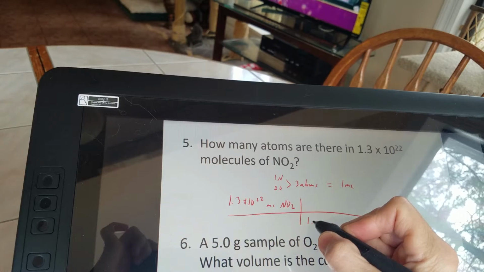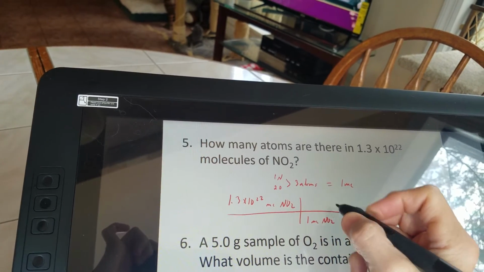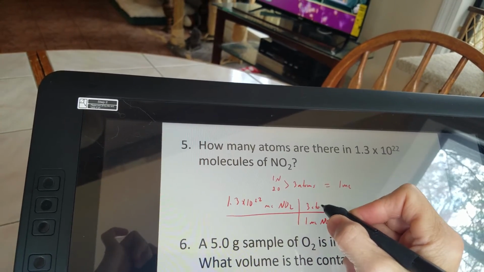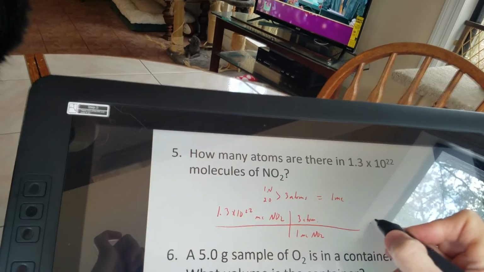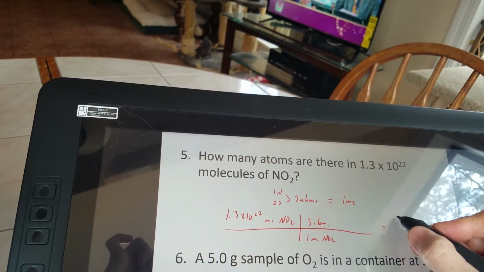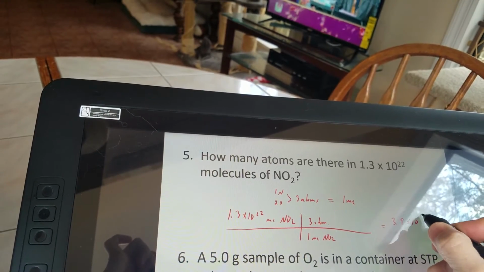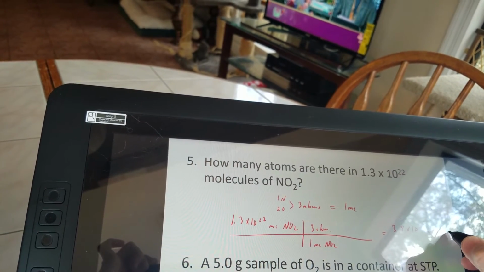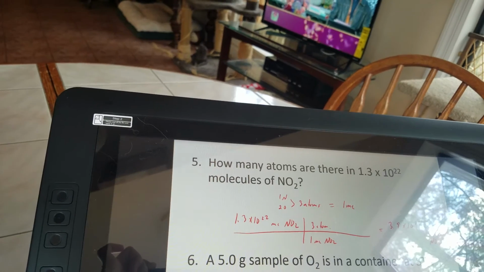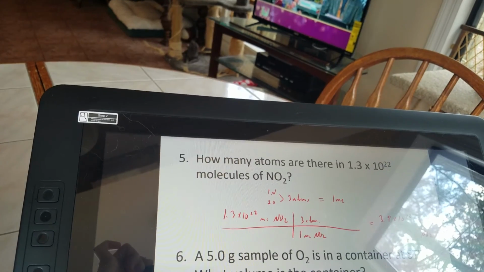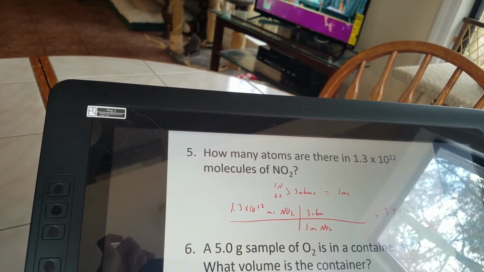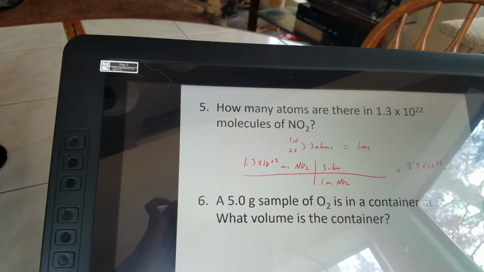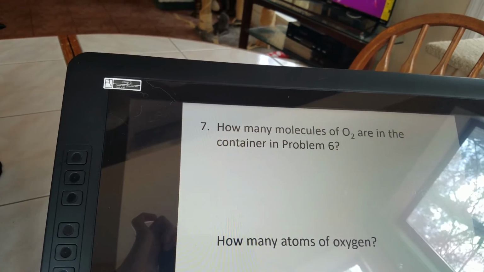My 1 molecule of NO2 has 3 atoms total in it. And then all I got to do now is multiply this by 3. So it'll be 3.9 times 10 to the 22 atoms in that much of the NO2. So that one's a little different. So try number 7, which is on the next slide, and it's going to ask you to do something very similar to that.